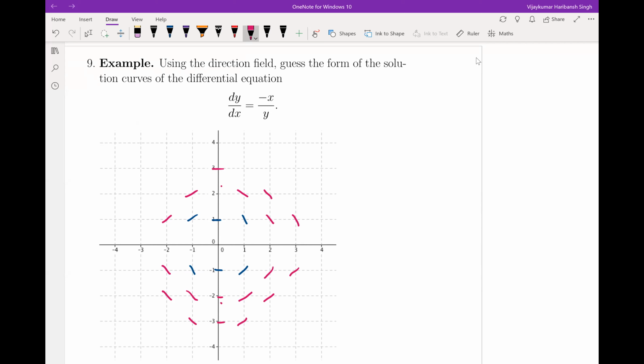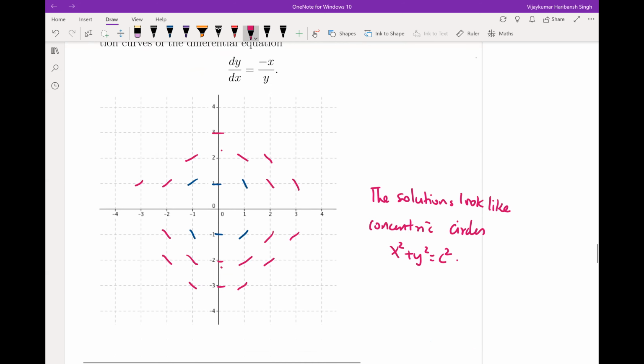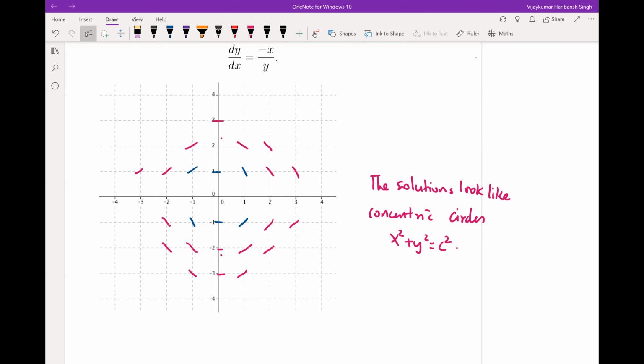It will basically look like concentric circles. So the solutions look like concentric circles, x squared plus y squared equals c squared. Now note that sometimes it's easy to find the solution, but sometimes the direction field is the best way to understand the solution. Okay.